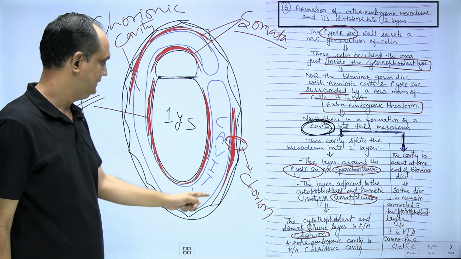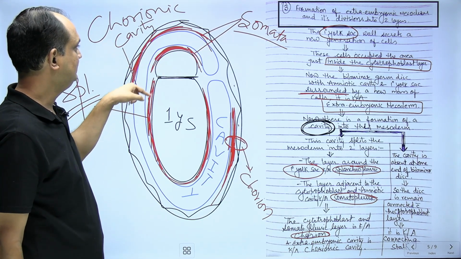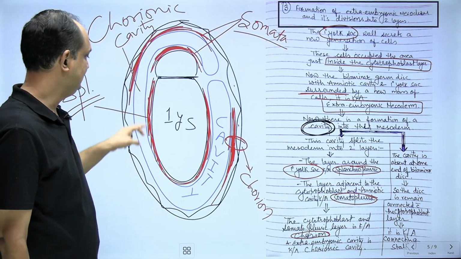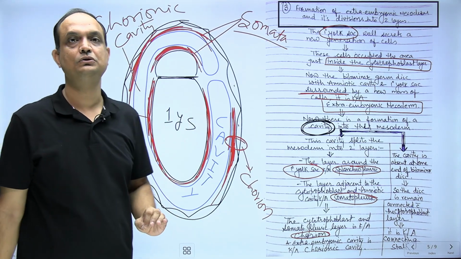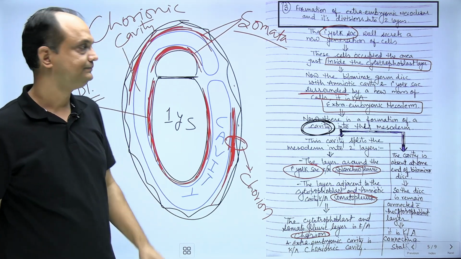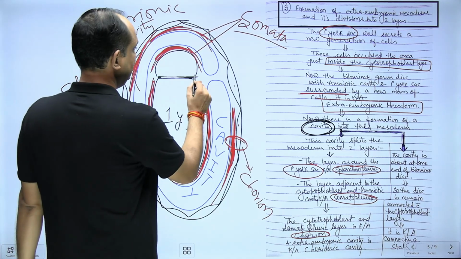The outer lining is known as somatopleuric. The inner lining has two parts. One is outside the amniotic cavity, also known as somatopleuric, and the lining outside the yolk sac is known as splanchnopleuric. Clear?